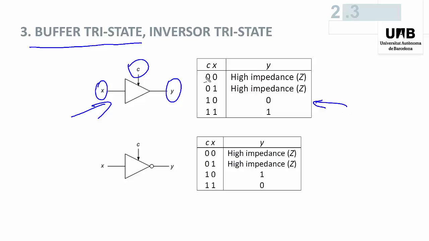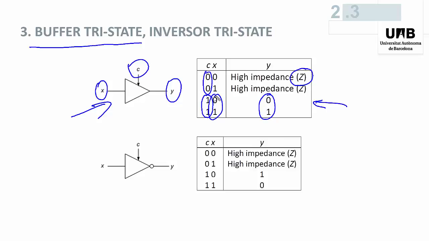If c is equal to 0, then y is disconnected. We will also say that the output is in high impedance, and many times high impedance is represented by letter Z. On the contrary, if c is equal to 1, then the output y is equal to the input x.